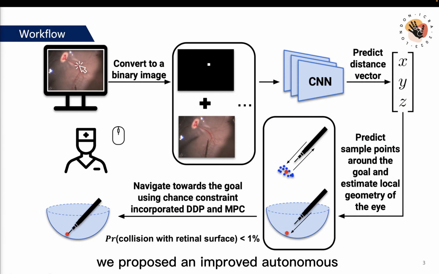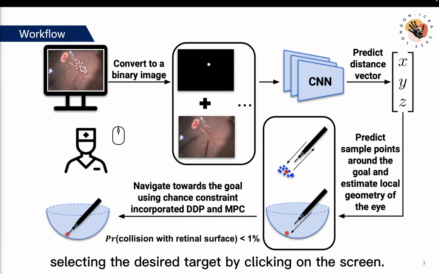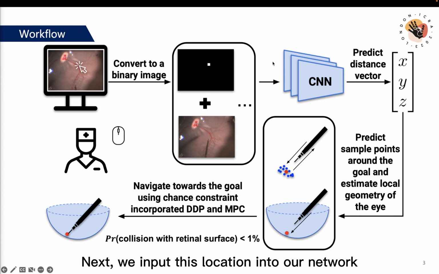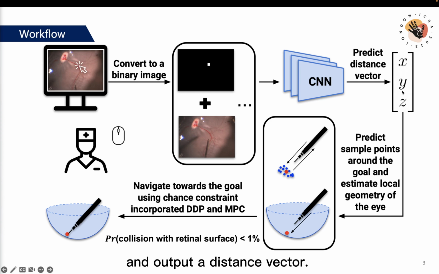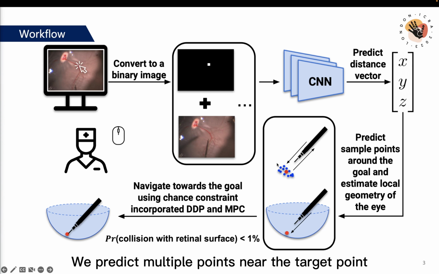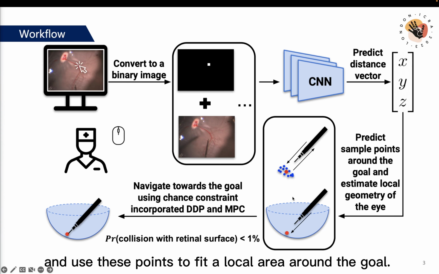So in this work, we propose an improved autonomous navigation process. Our workflow begins with the user selecting the desired target by clicking on the screen. Next, we input this location into our network and output a distance vector. We predict multiple points near the target point and use these points to fit a local area around the goal.